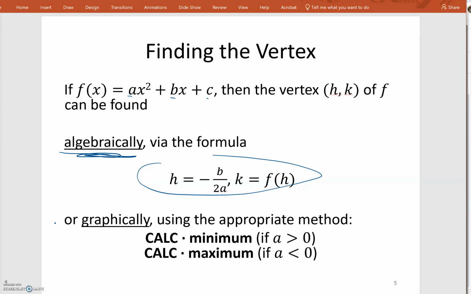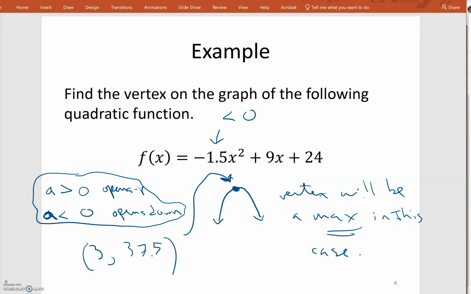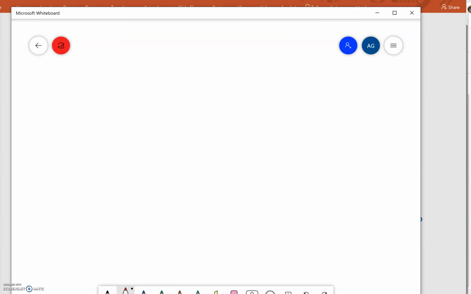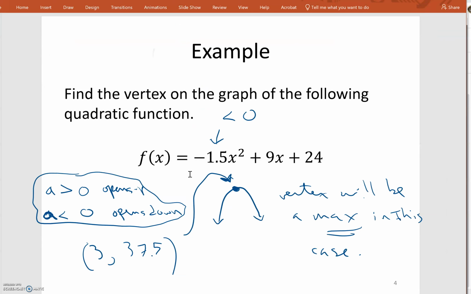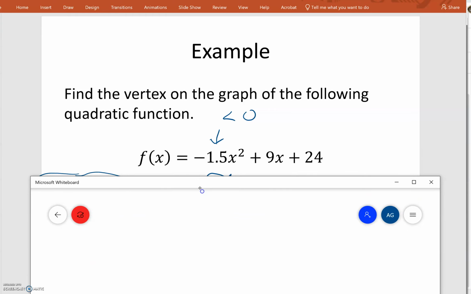So in regards to this problem, let me pull up my whiteboard. Make a little more space here. Negative b over 2a is negative, and you have to be careful with the negatives because you have a double negative here.